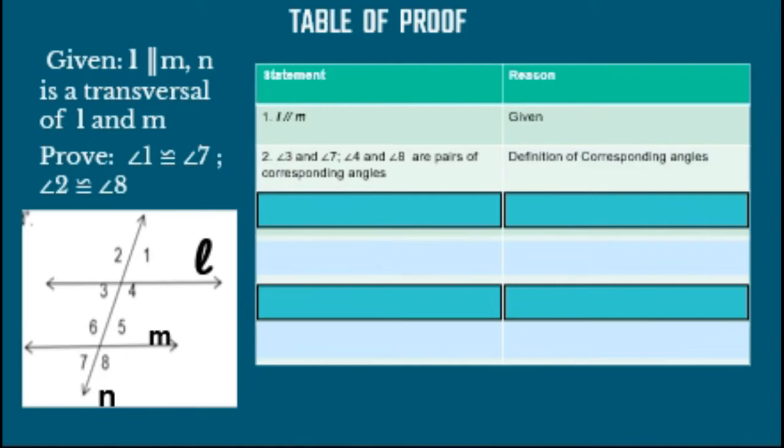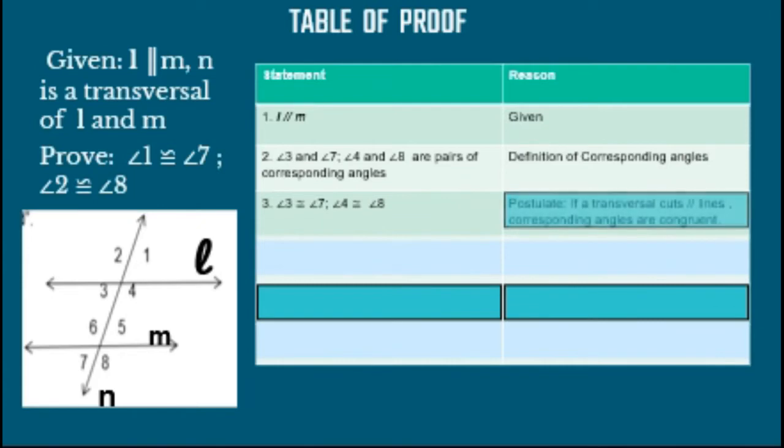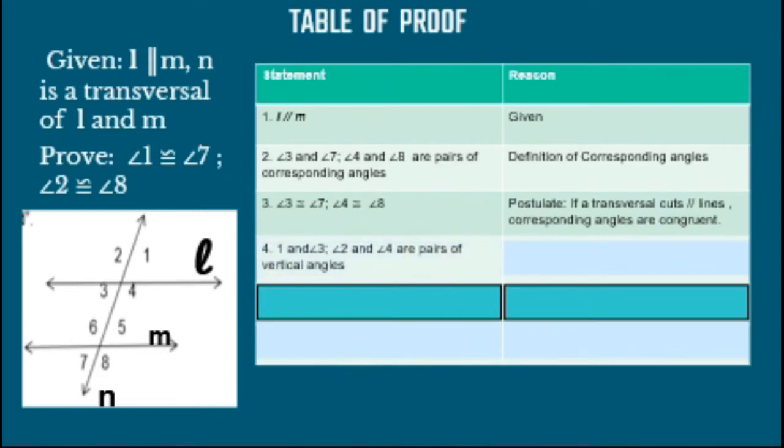So based on statement number 2, we have angle 3 is congruent to angle 7, angle 4 is congruent to angle 8. The reason is postulate: if a transversal cuts parallel lines, corresponding angles are congruent. Next, remember our plan. Angle 1 and angle 3, angle 2 and angle 4 are pairs of vertical angles.